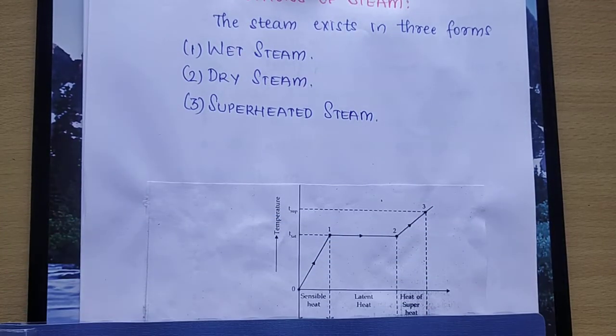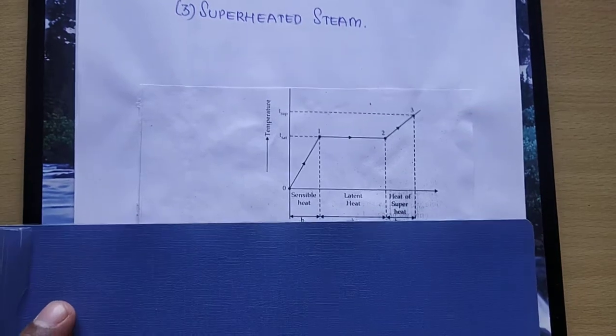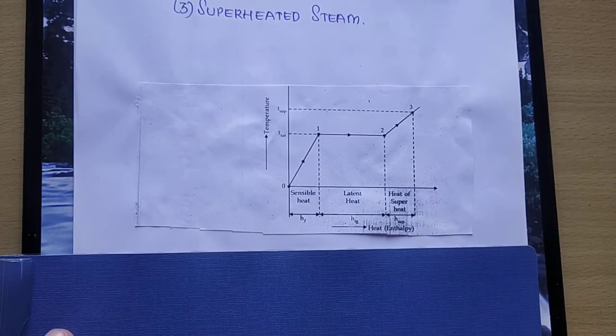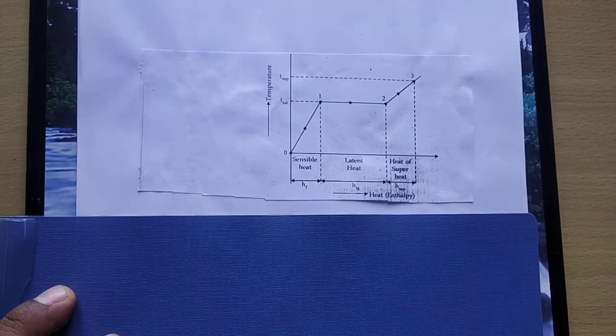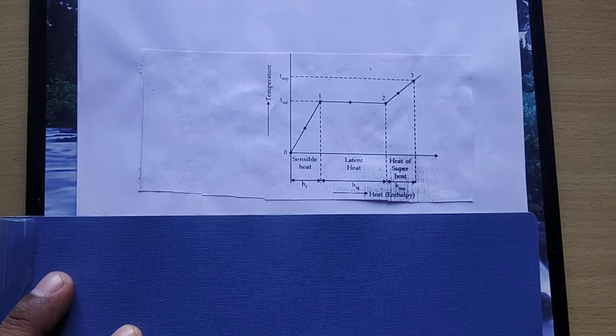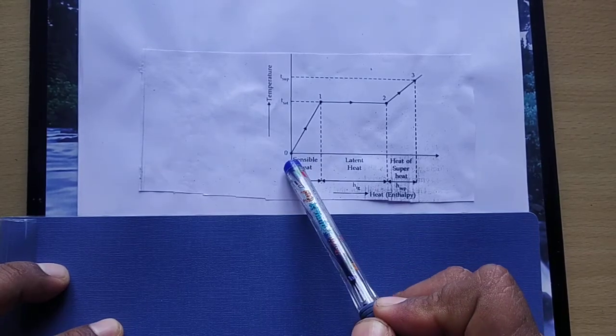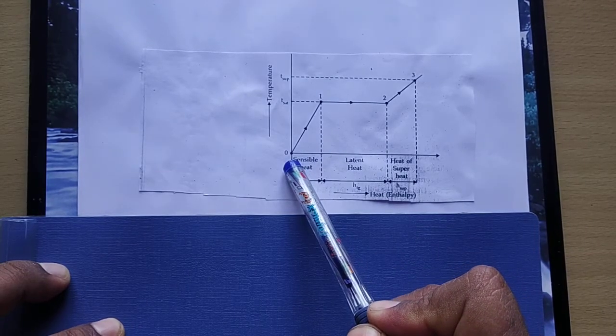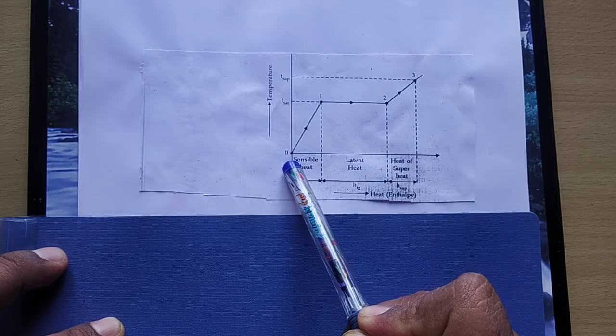Before seeing that, let us see how the steam is formed by using the temperature enthalpy diagram. We are taking 1 kg of water at 0 degree centigrade in the cylinder, and it is heated.